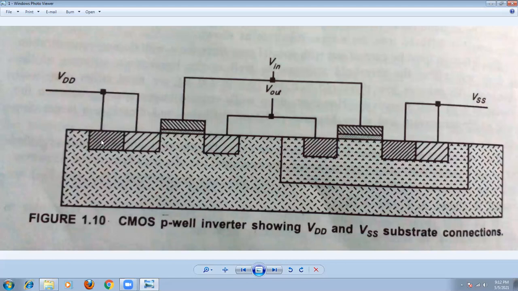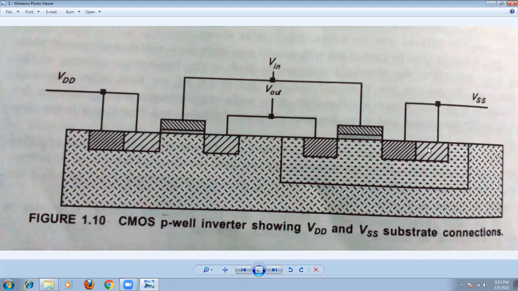So in order to distinguish the substrate and the diffusion, we are having this is n and this is n material. It's an n-type substrate. Your hashing should be like this, and for n diffusions the hashing should be like this. Similarly, for the P well, this is the hashing for the P material.